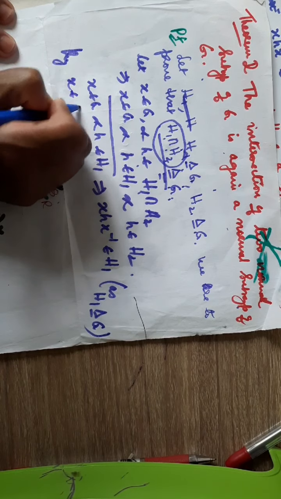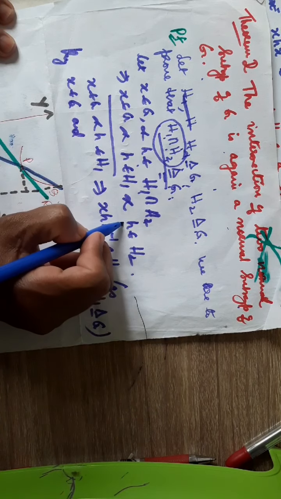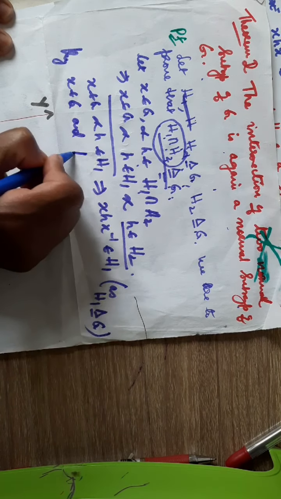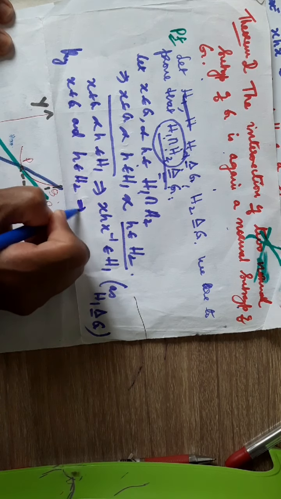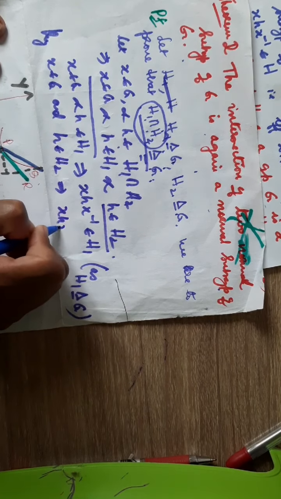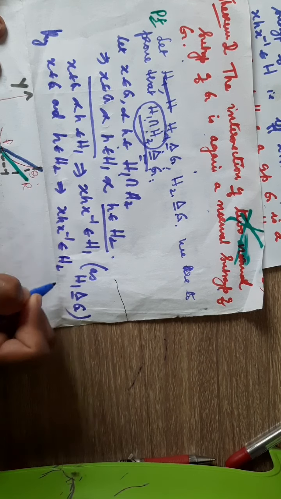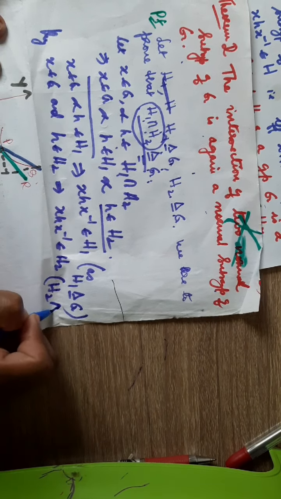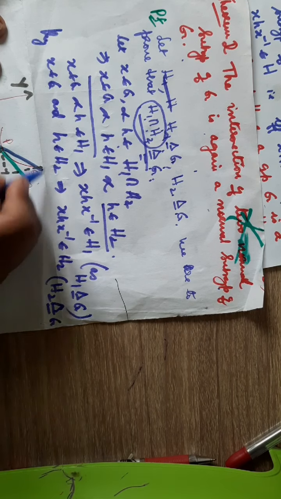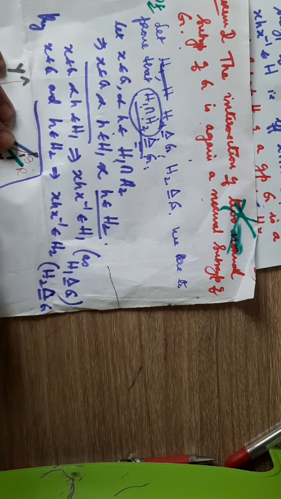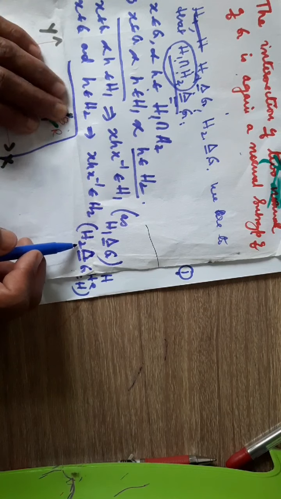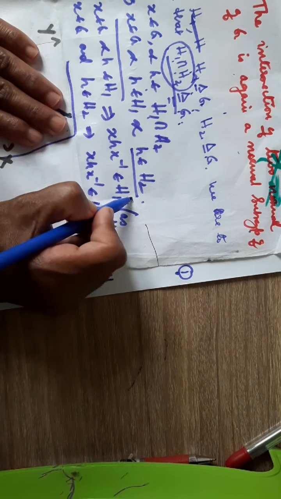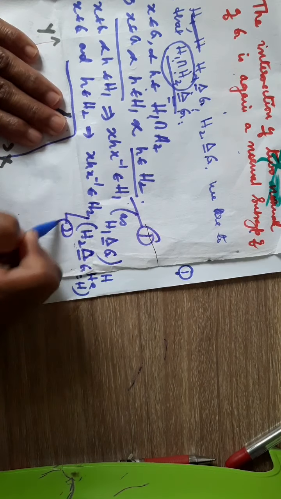Similarly, x belongs to G and h belongs to H2 implies that x h x inverse belongs to H2. Why is this possible? Again, because H2 is a normal subgroup of G. Now, this is equation 1 and this is equation 2.